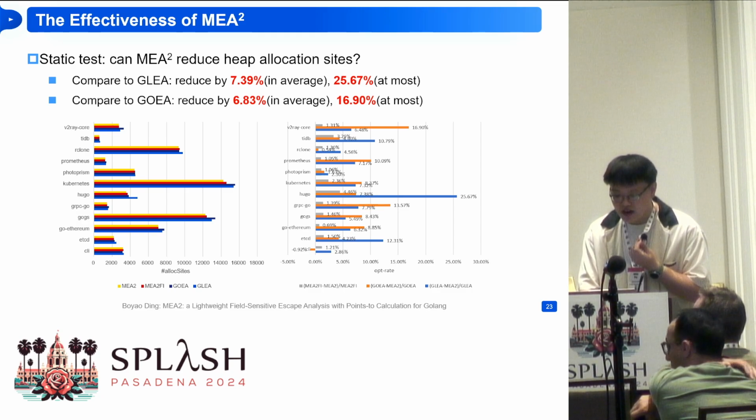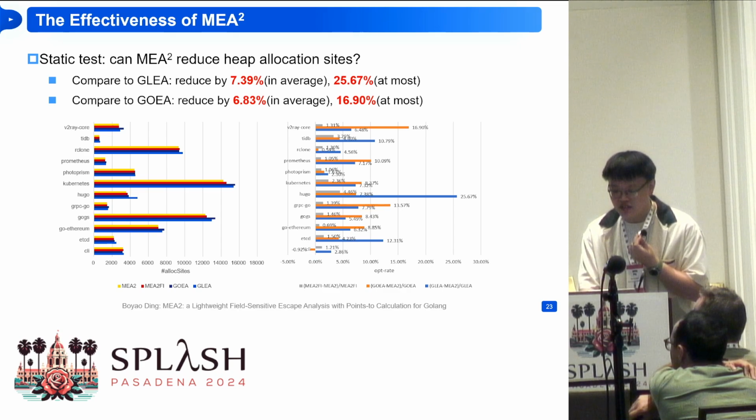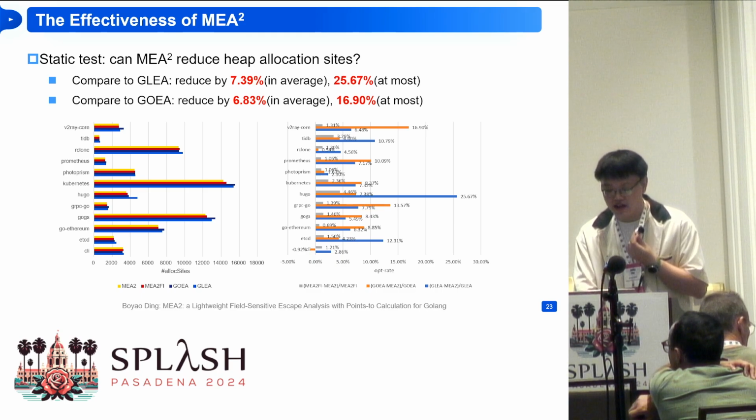The first chart shows the total number of heap allocation sites for each project. And the second chart shows the proportion of heap allocation sites reduced by MEA2 compared to other algorithms.